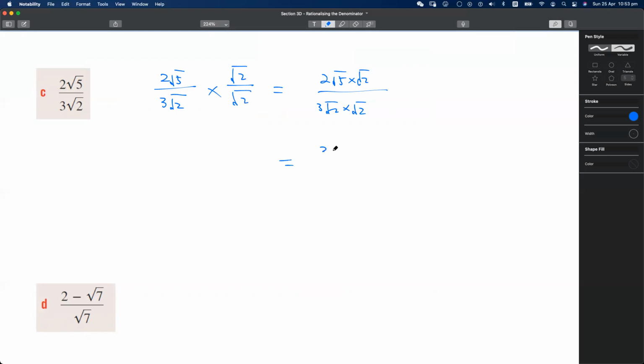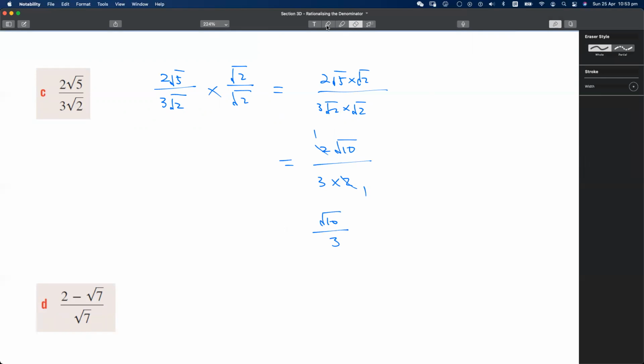On the top, you have 2 root 5 times root 2, which is 2 root 10. On the bottom, 3 times root 2 times root 2, and root 2 times root 2 is just 2. And 2 times root 10 over 3 times 2, so that's a common factor. Simplified, 1 times root 10 over 3 times 1, which is 3. So the final answer is just root 10 over 3.